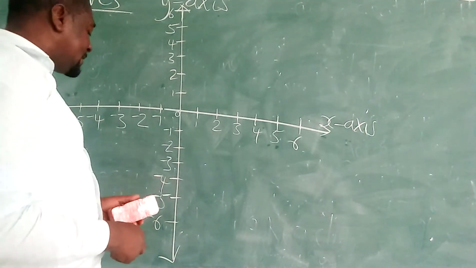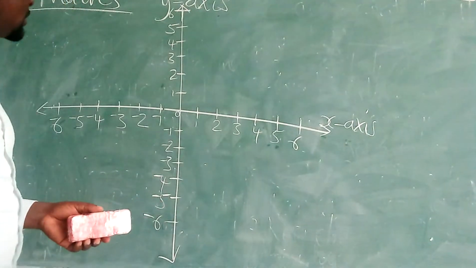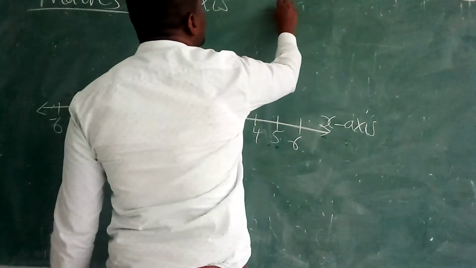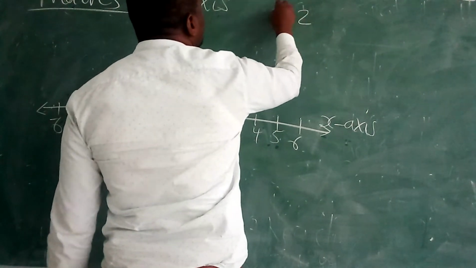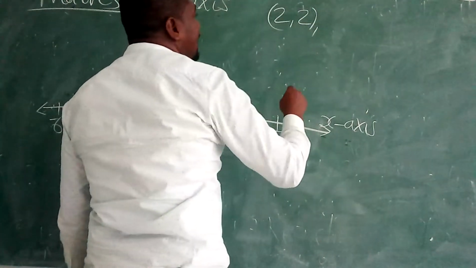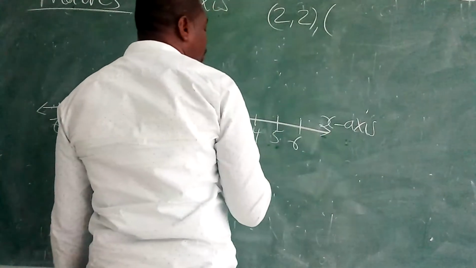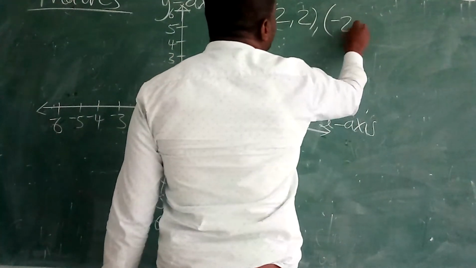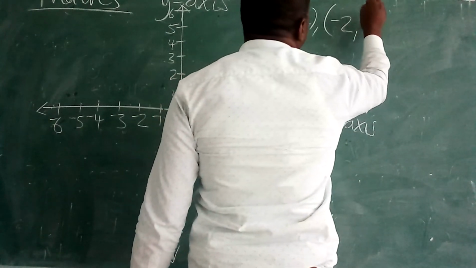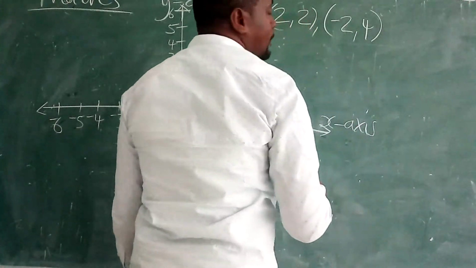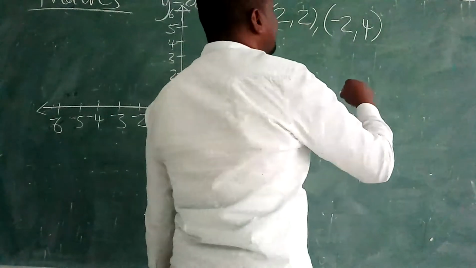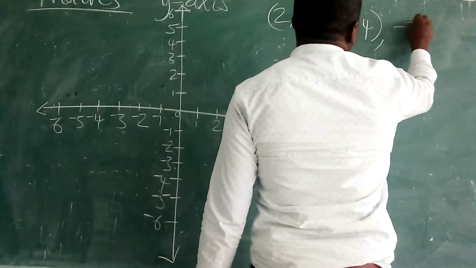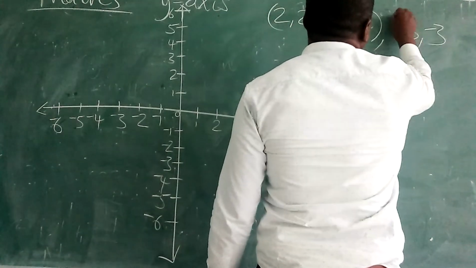Now, let's take these coordinates. Let's say I have the coordinate 2 and 2, then another coordinate, negative 2 and 4. I have another coordinate, negative 3, negative 3.